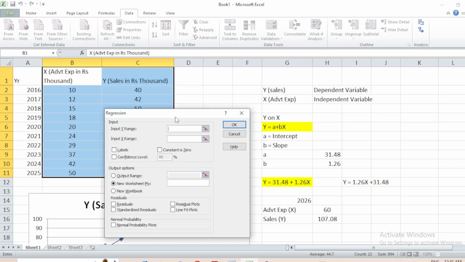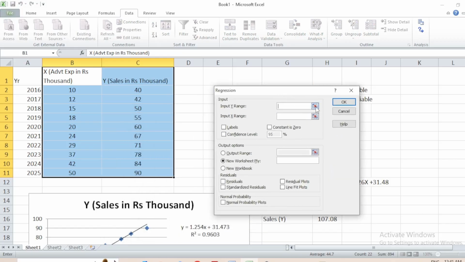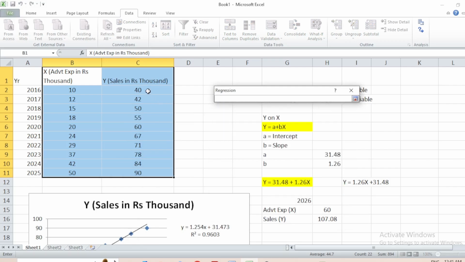It will ask what will be your input range. So you have to provide the input range. So in the input range, I am selecting the y variable. You can also select the ranges by putting the values of the cell or by using the mouse.